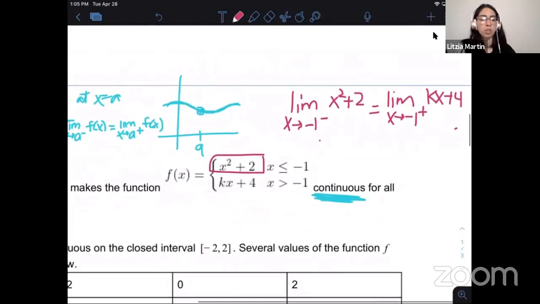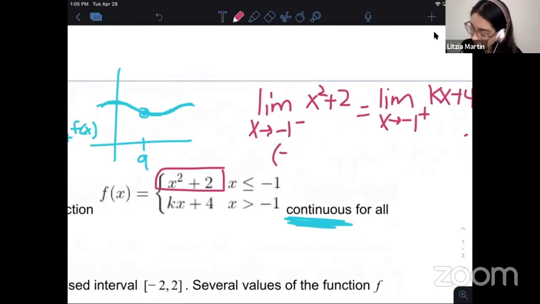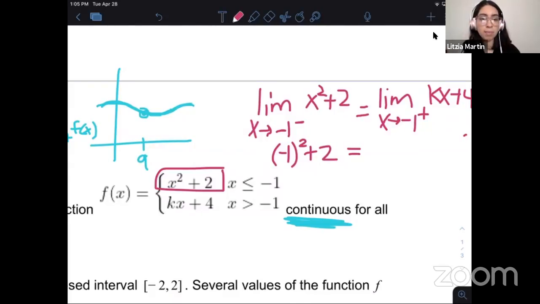Okay, so our rule for finding limits is just use direct substitution. So for the limit on the left, all I have to do is plug in -1 squared plus 2. There we go. And on the right side, same thing.